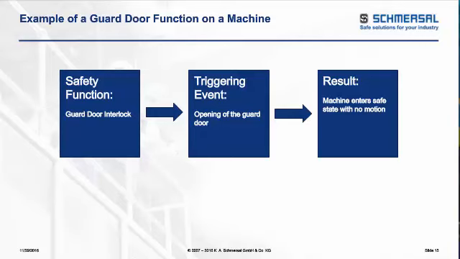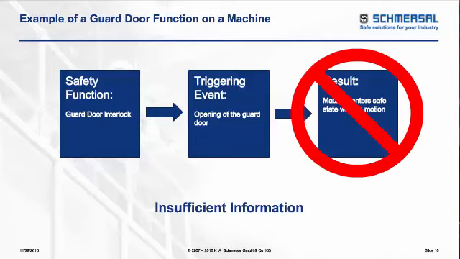But the problem being is just saying that the machine enters in a safe state without any motion, it's not enough information. What is that safe state? So you may need a little bit more details on whether it's your risk analysis report or your follow-up from that risk analysis report, somebody describing and defining what is the safe state of the machine. What is that actual result?